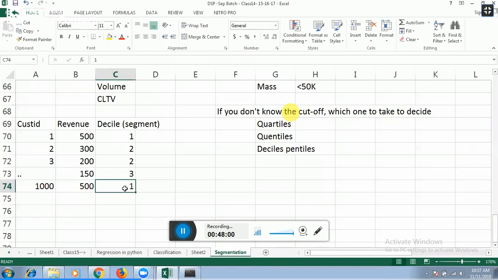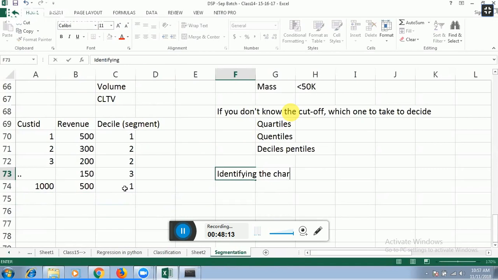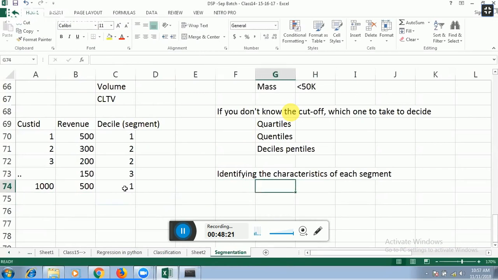Does that make sense or not? So for any segmentation, once you get the segments, identify the characteristics of each segment. Identifying the characteristics of each segment is what we call profiling of customers.